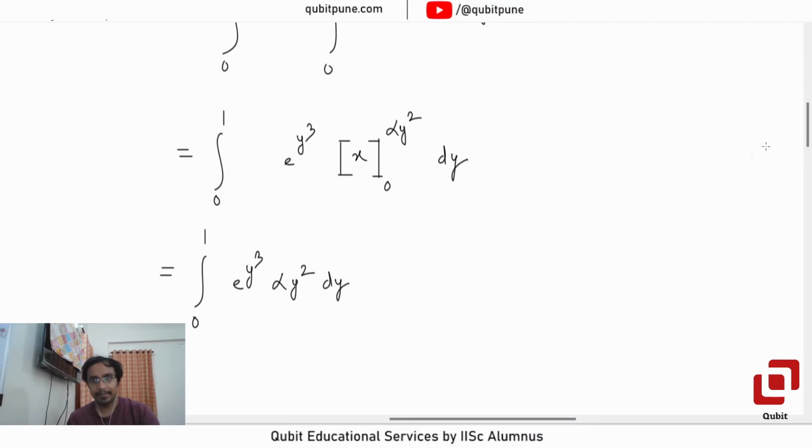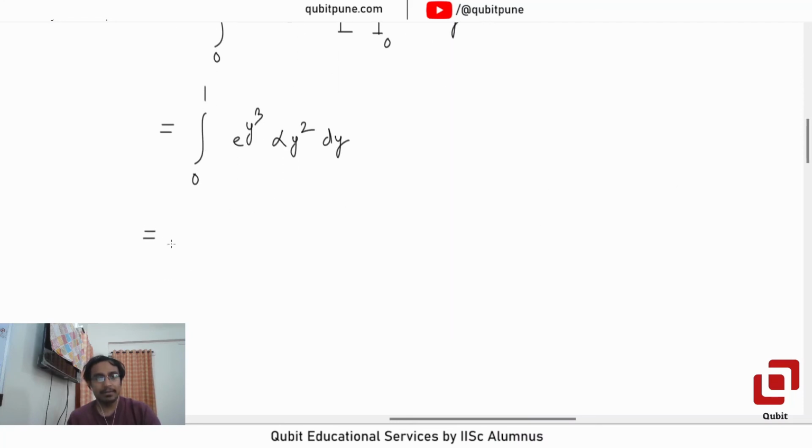Now let me divide by 3. So that will be alpha by 3, 0 to 1, e to the power y cube into 3y squared dy. No need to substitute because we know if we substitute t equal to y cube, 3y squared dy will be dt.